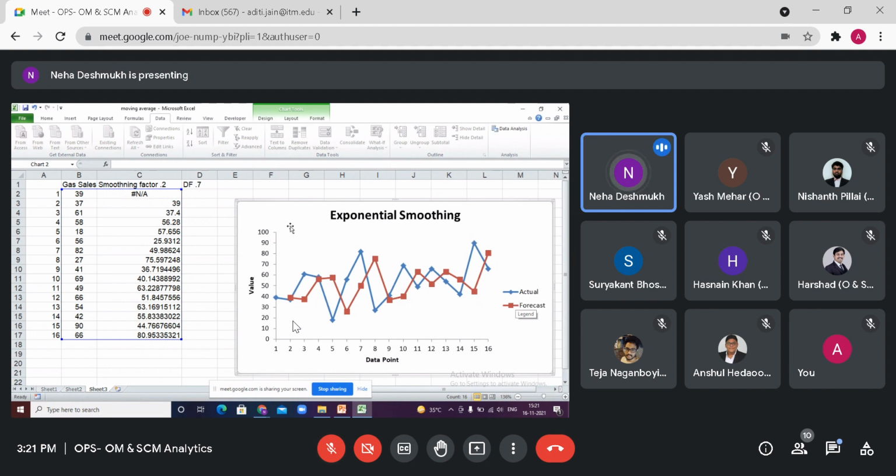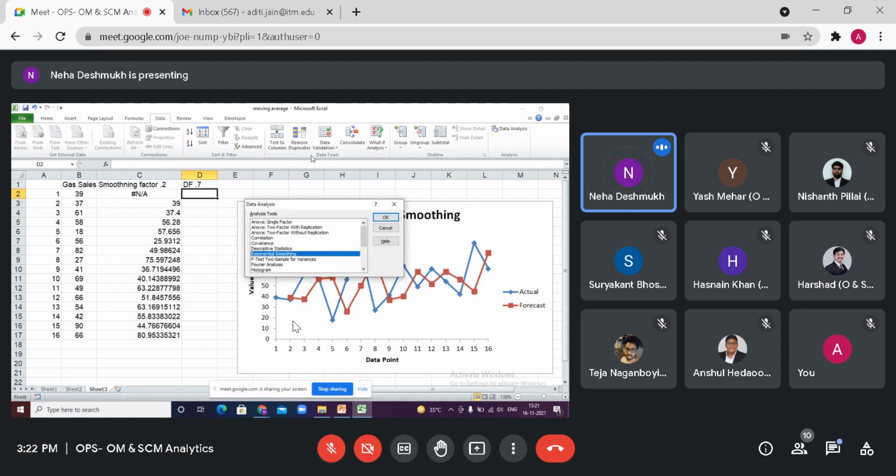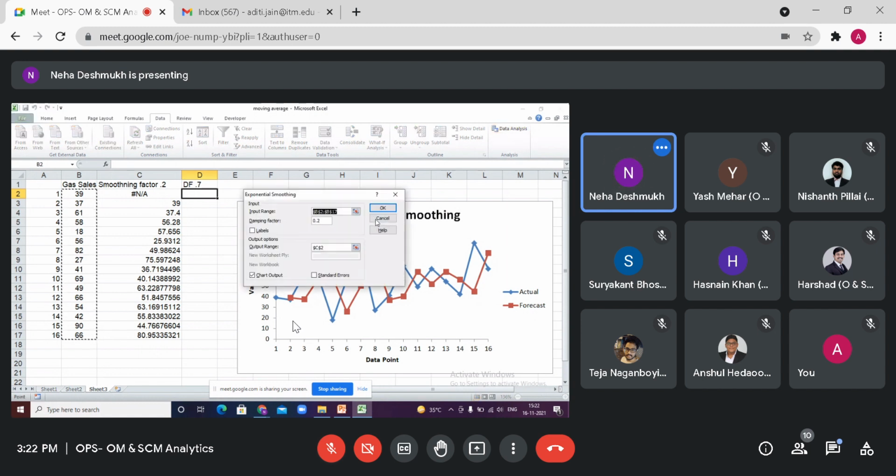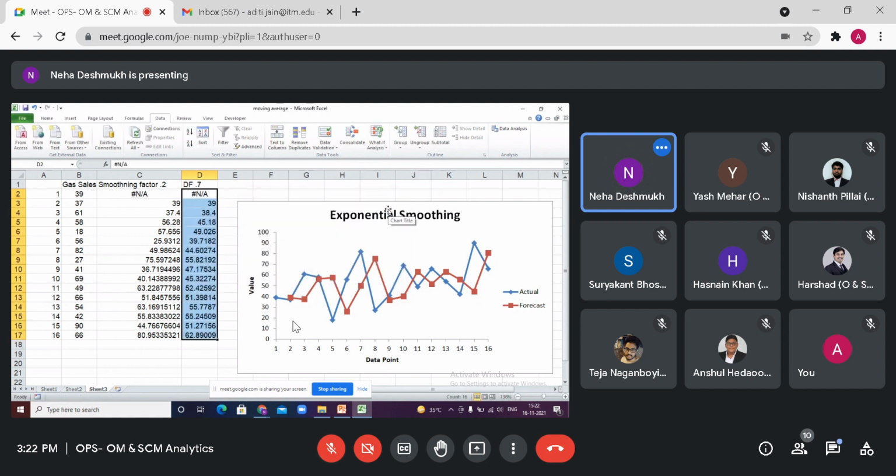The same you can use for the damping factor 0.7 also. Data analysis, exponential smoothing, 0.7. Click here. You need to select chart output and OK. This is the exponential smoothing data with the damping factor 0.7.